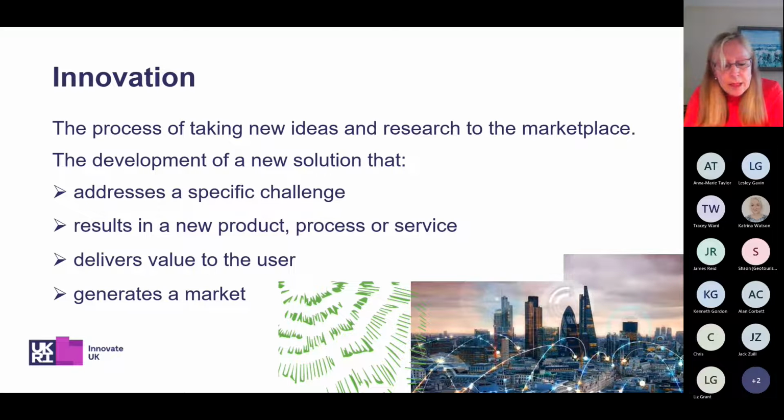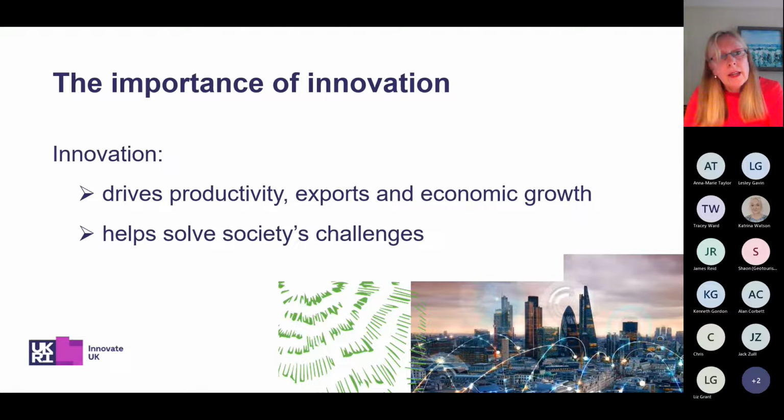And also that means it generates a market. Now that might be potentially on an international, if not a global scale. Next slide, please. And innovation is so important because it drives productivity, exports, job creation, and overall economic growth. It also helps solve and address the impact of societal and also environmental challenges.